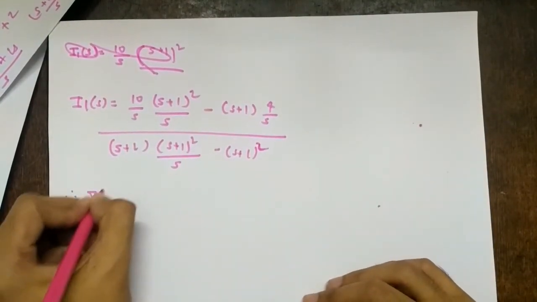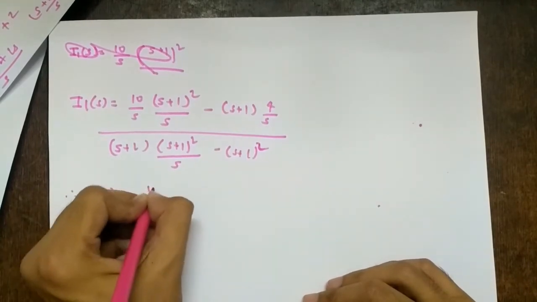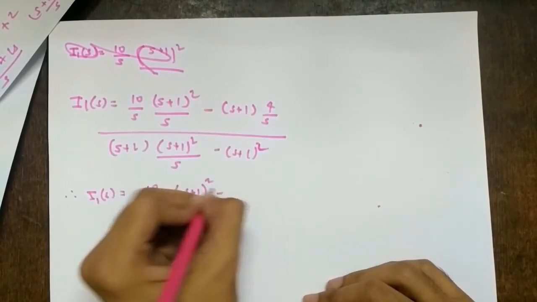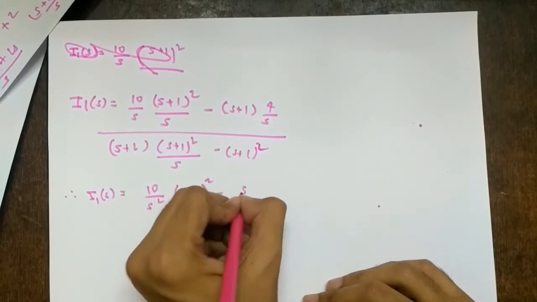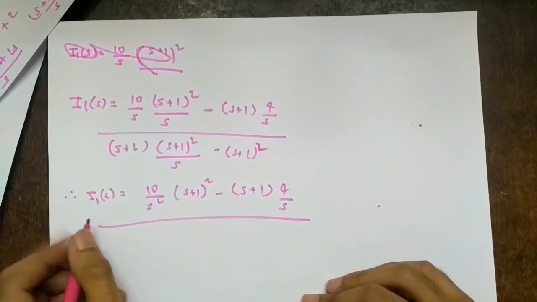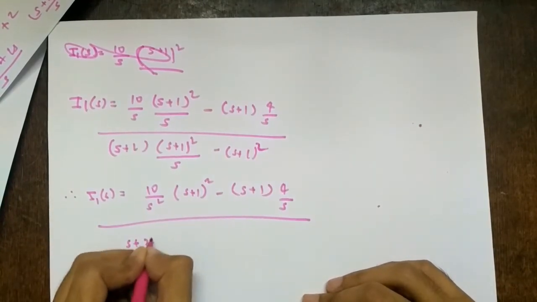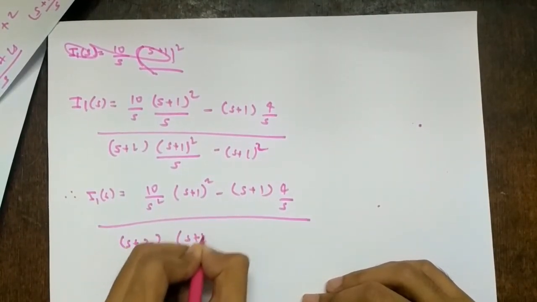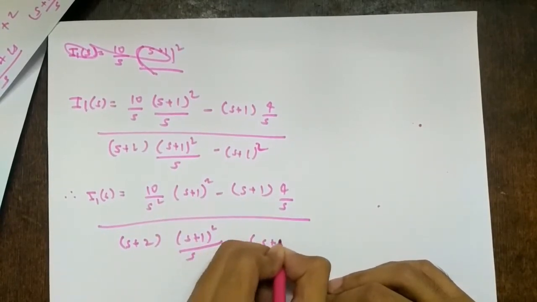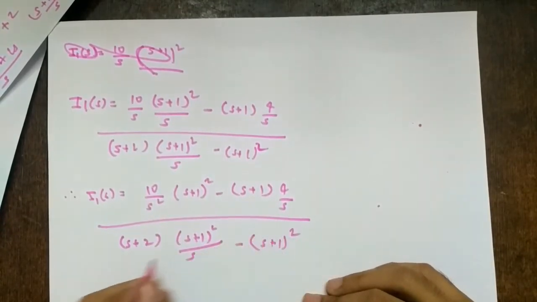So therefore, what will be I1 of S? So 10 by S square into S plus 1 the whole square minus, this will be as it is, S plus 1 times 4 by S upon S plus 2 into S plus 1 the whole square upon S minus S plus 1 the whole square.